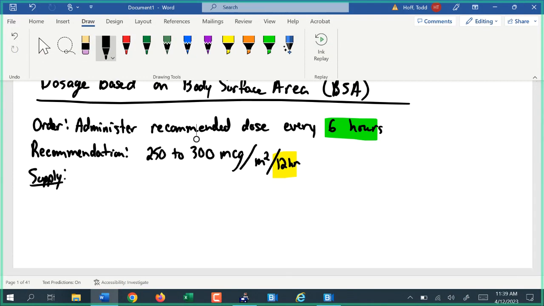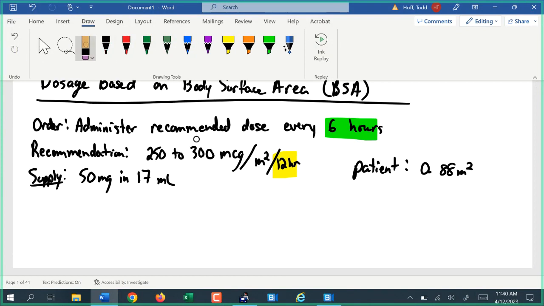So anyway, we look at the label here on our supply. And the supply tells us that this is constituted 50 milligrams in 17 milliliters. And of course, just like with dosages based on weight, we need some information from the patient. And let's say our patient here has a body surface area of 0.88 meters squared.